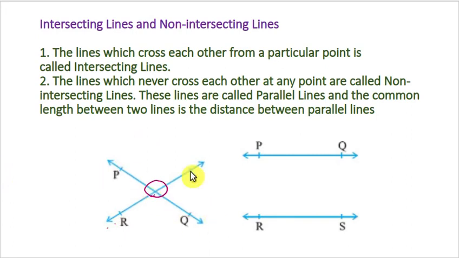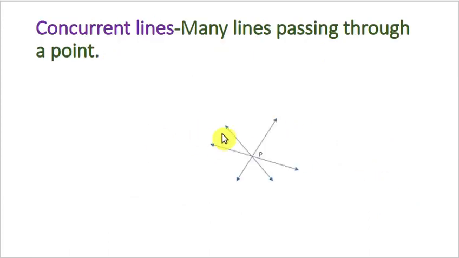The lines PQ and RS are parallel lines. They never cross each other. These are called parallel lines. Next, concurrent lines. Many lines passing through a point are called concurrent lines.